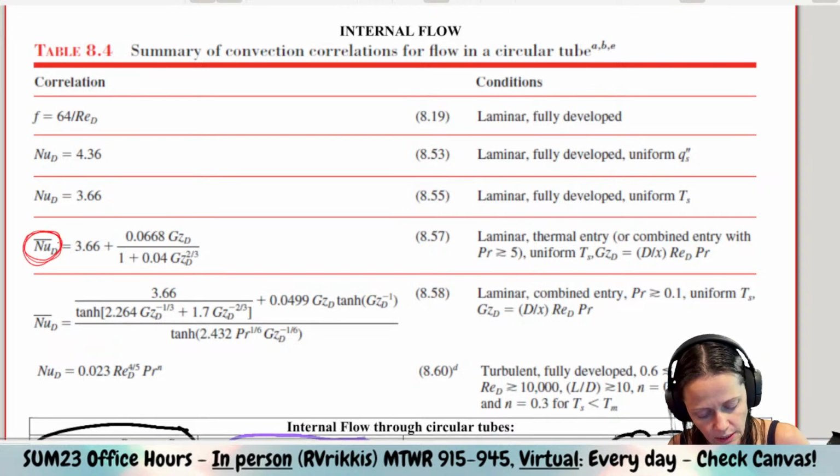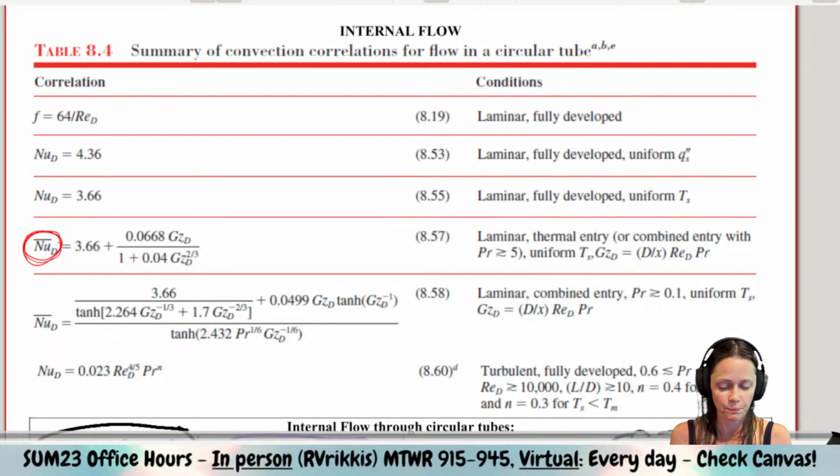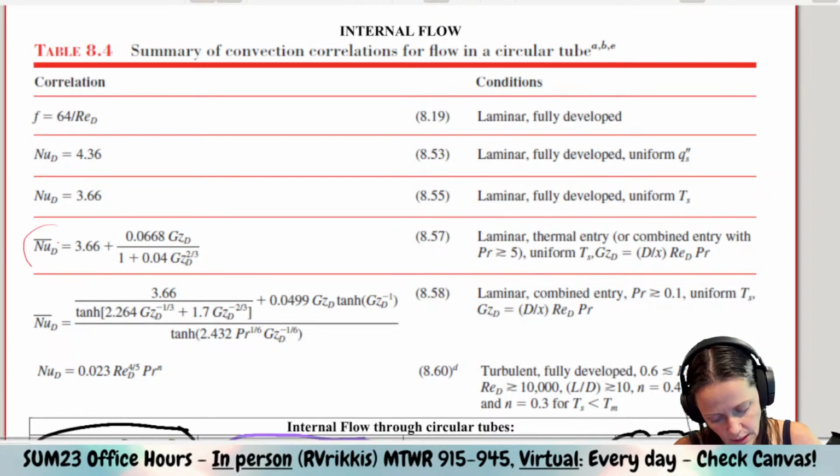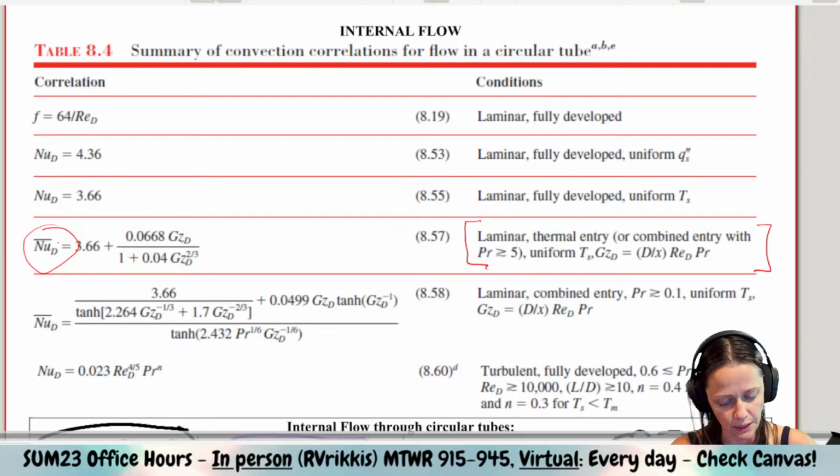As far as the average Nusselt number, if I needed to calculate the average Nusselt number, even though there's a region of developing flow, that's okay. You just have to look at the conditions for these empirical relationships to see when they would be applicable.